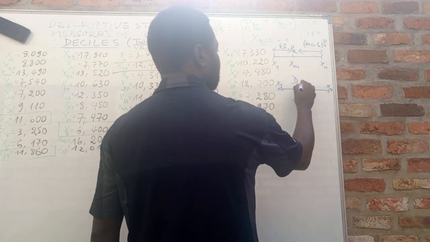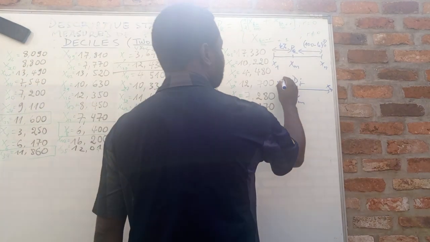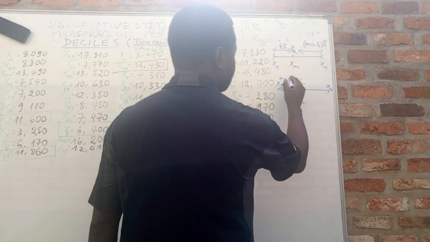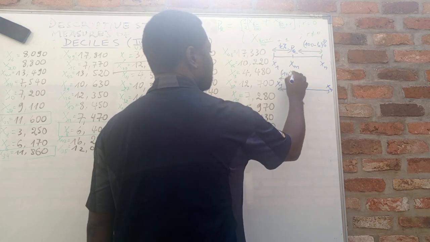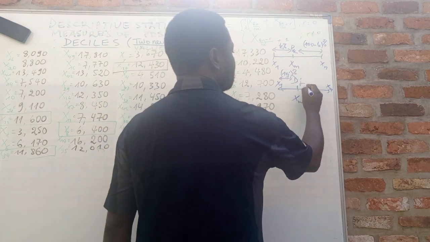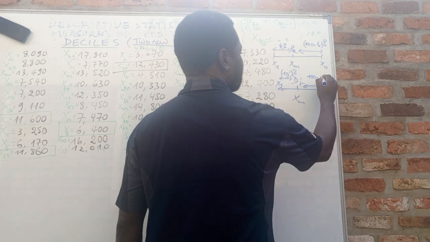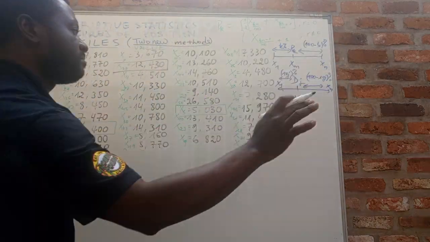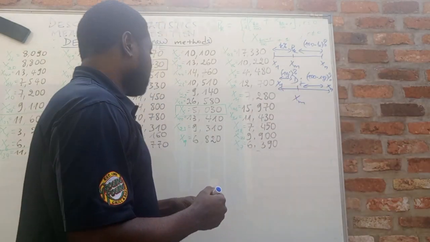Now we have a decile, let us call it j, and it will divide the data into two parts, so that 10 times j percent of data are below the given value, and 100 minus 10j percent of all data is above the given decile value.